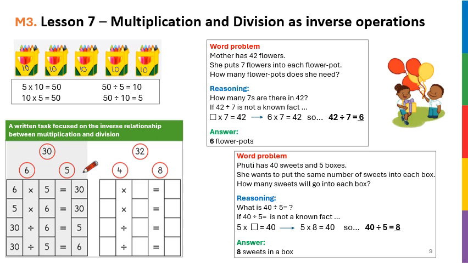And from this number family, children now have to write 2 multiplication number sentences and 2 linked division number sentences. So they would write 4 times 8 is equal to 32 and 8 times 4 is equal to 32. 32 divided by 4 is equal to 8 and 32 divided by 8 is equal to 4.